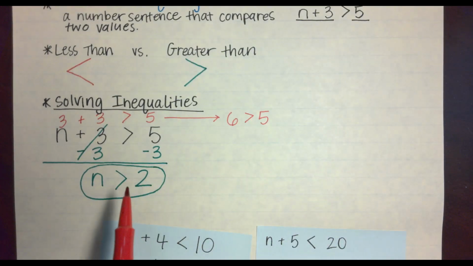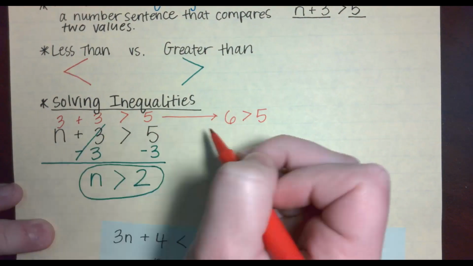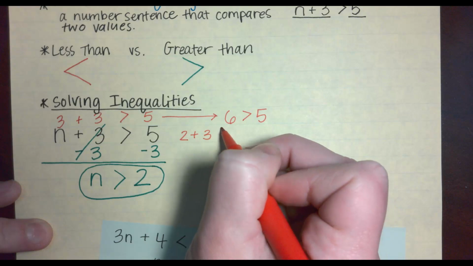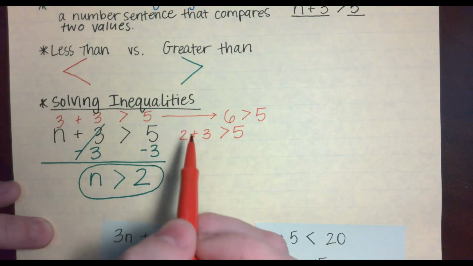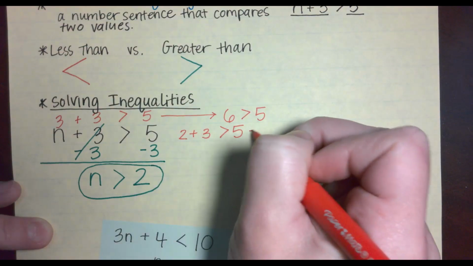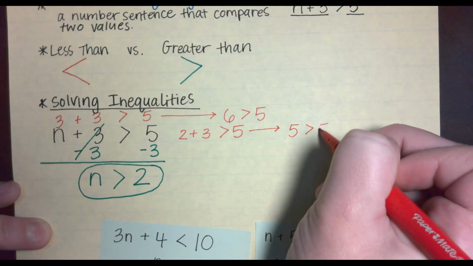Now, what if I put 2 for n? Let's try that. What if I did 2 plus 3 is greater than 5? What would this side simplify to? 5. So now I have 5 is greater than 5.